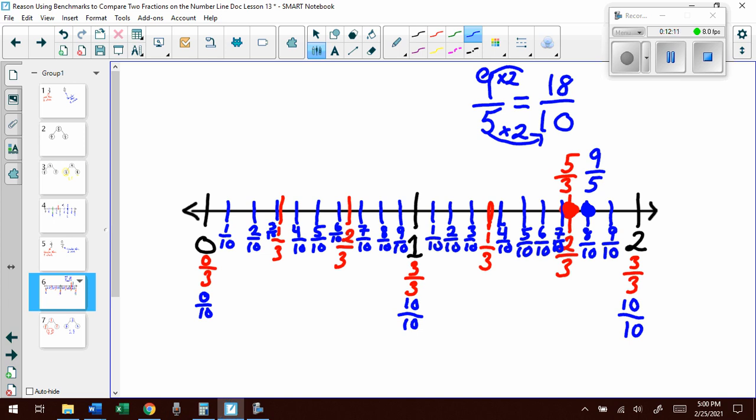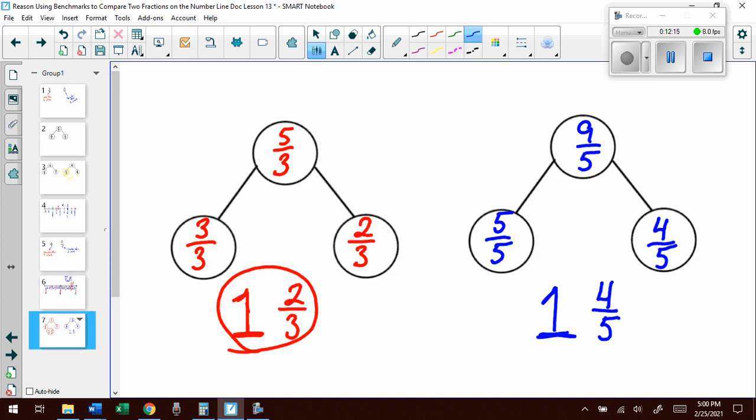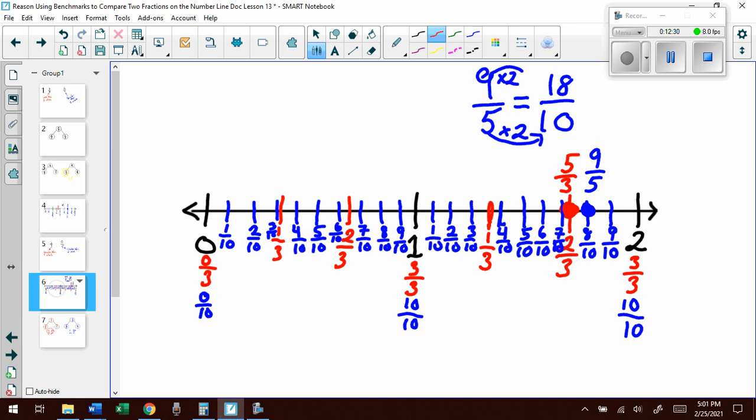Now, when we talked about this right here, I made an observation and said that the numerator is just 1 away from the denominator. They're just 1 away from being 1 whole. So why is it that this was closer? Shouldn't they be equal? They're both 1 away from being 1 whole.